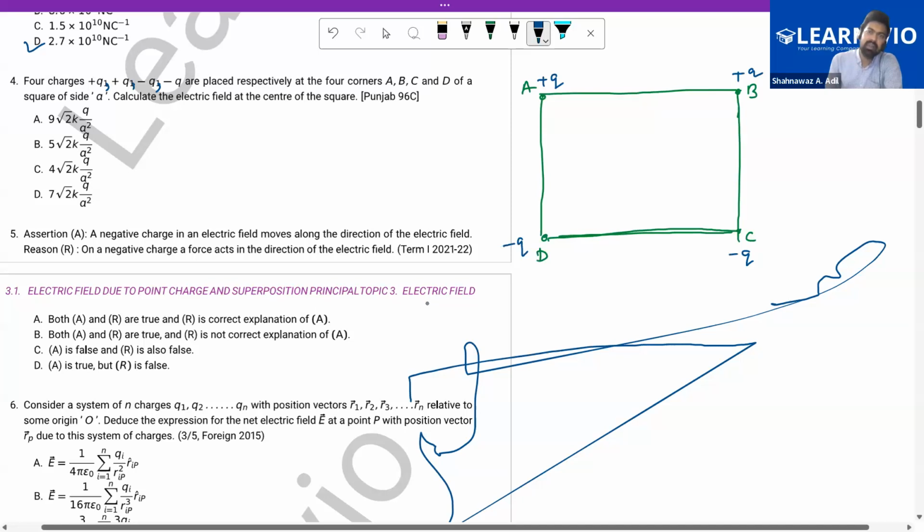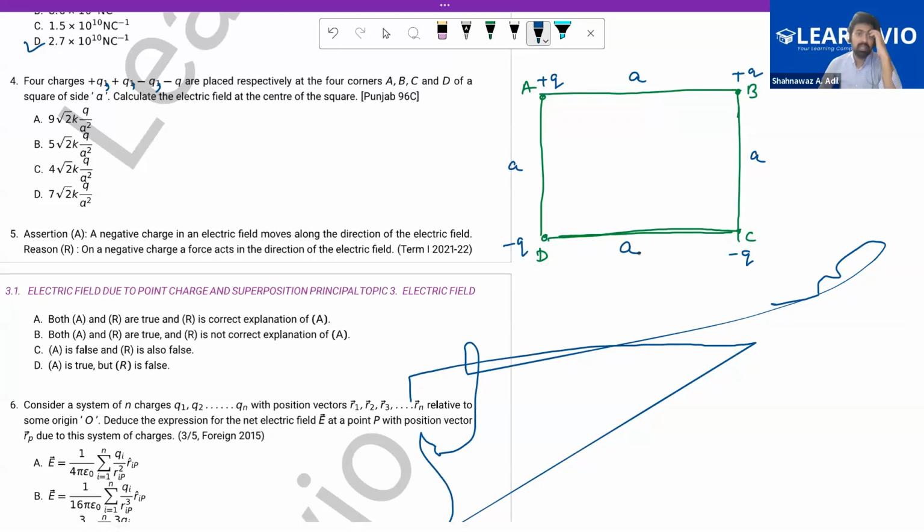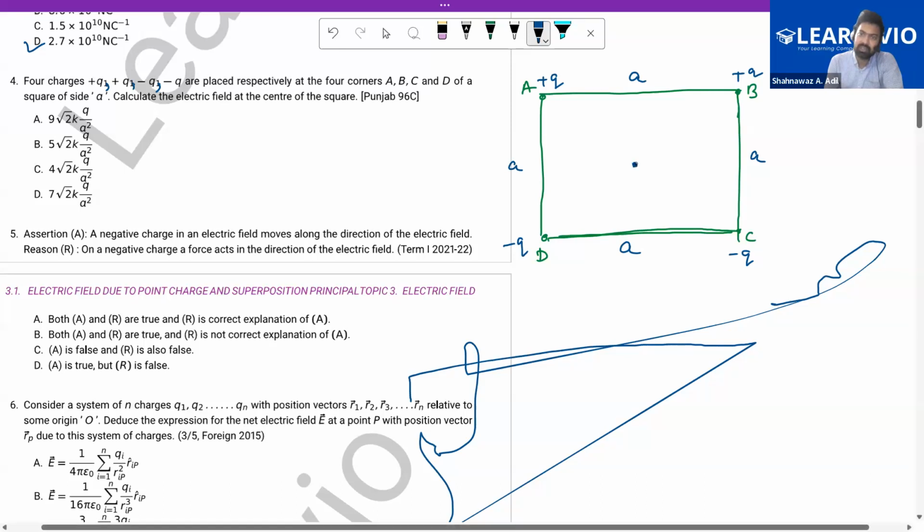And the square has side A. So you see that all these are alphabets, no numbers. Now they are asking to calculate the electric field at the center of the square.